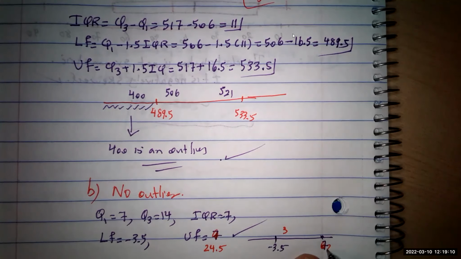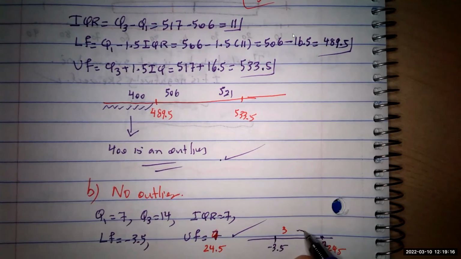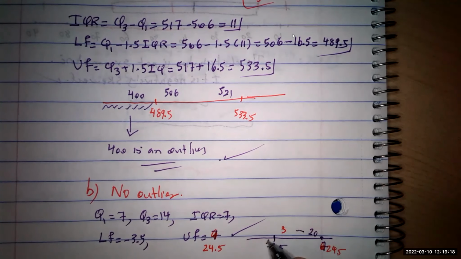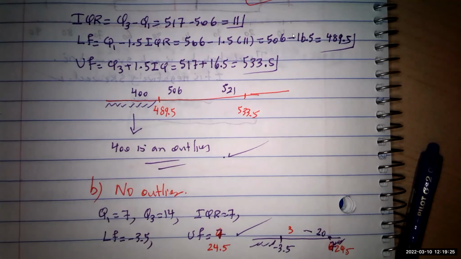Your numbers start with 3 and you end up with 20. So everything is inside. That is why you have no outliers for this one.